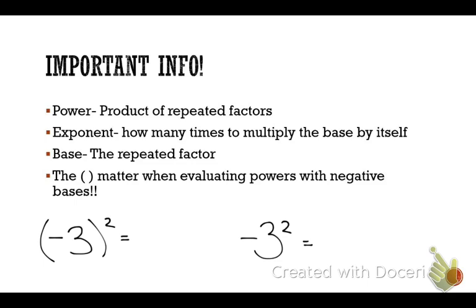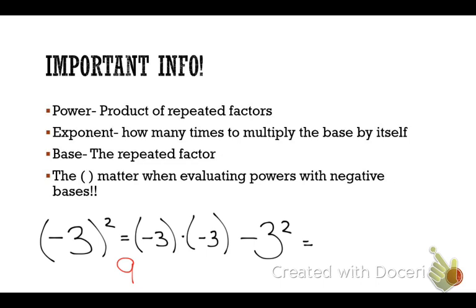Here's the difference. On the first one, when the base is negative and it's in parentheses, it means -3 times -3, which is 9. Now, when it's not in parentheses, no matter how many times the repeated multiplication is, my answer will be negative.